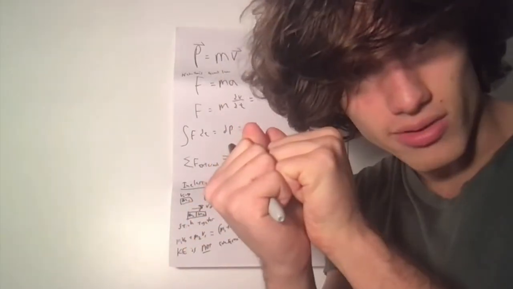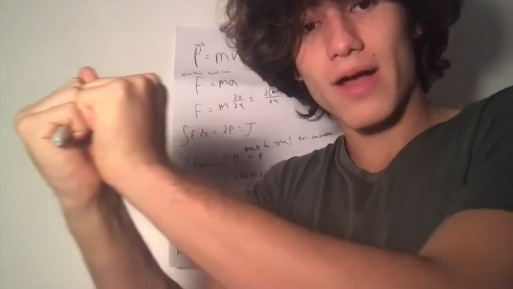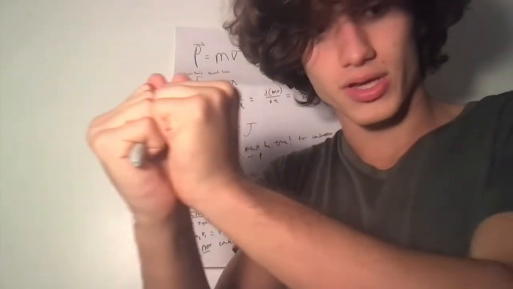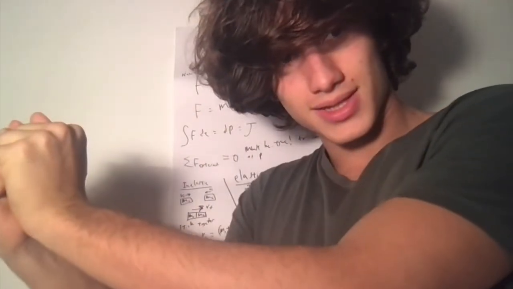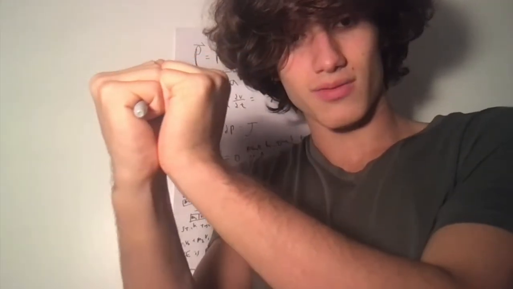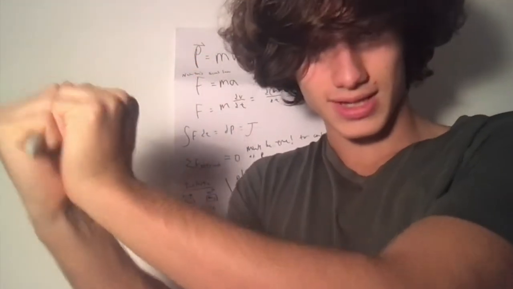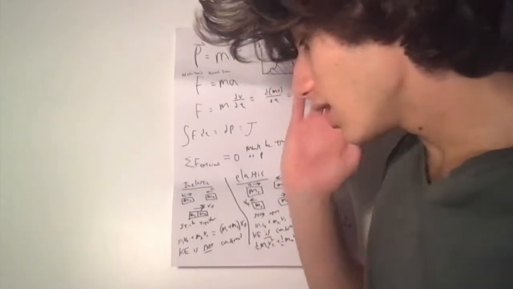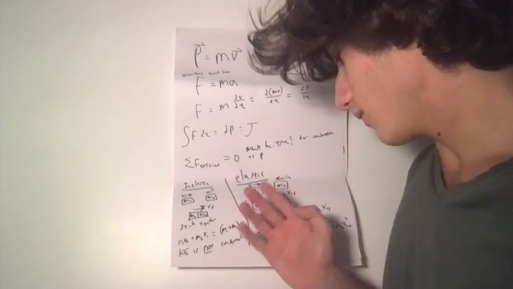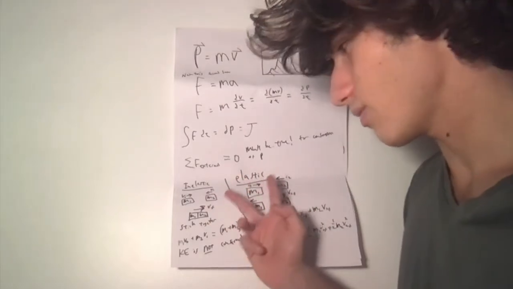They travel together after the collision at the same velocity, as if they are one mass, right? You see how over here they are separate, moving at different velocities. They collide and they keep traveling at the same velocity as if they are one mass. Now, in these types of collisions, we can use conservation of momentum. Actually, we can use conservation of momentum in both of these.